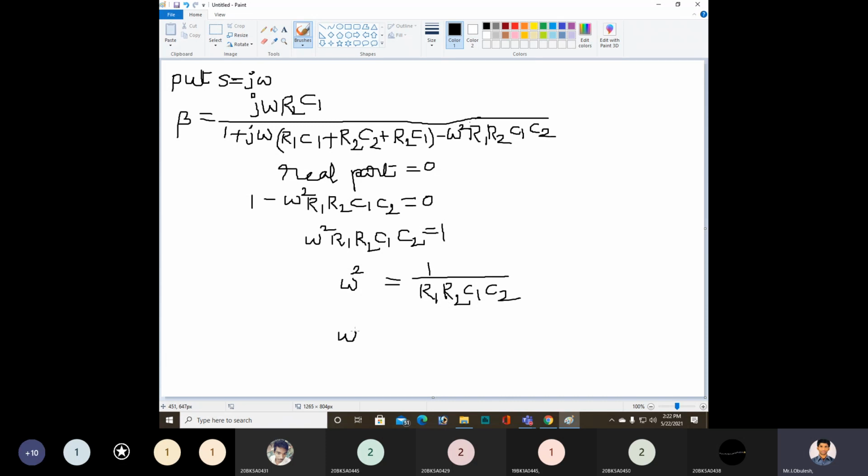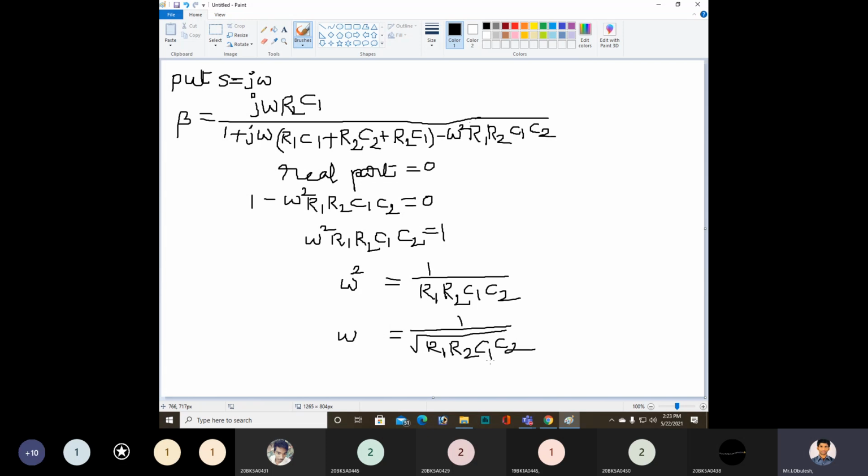Omega equals 1 by square root of R1 R2 C1 C2.